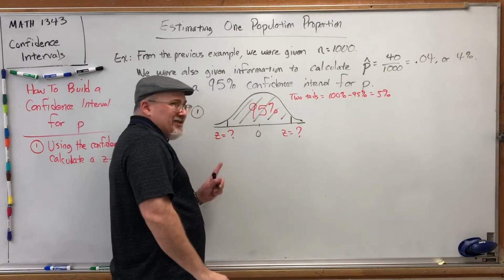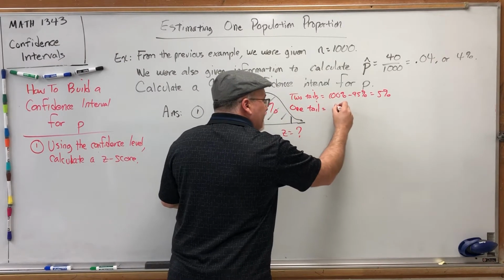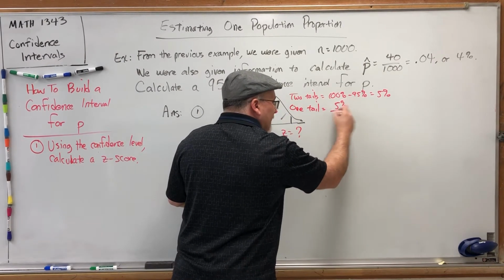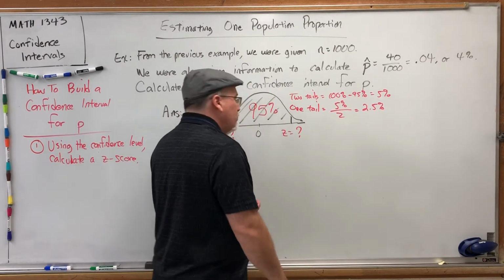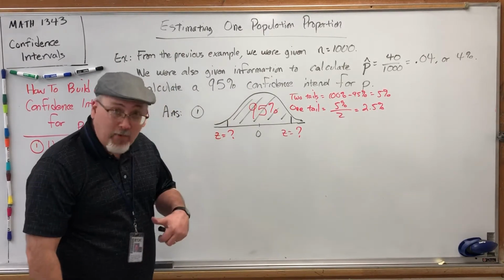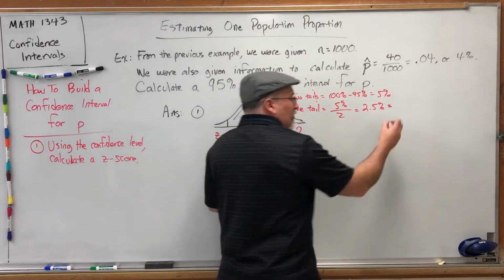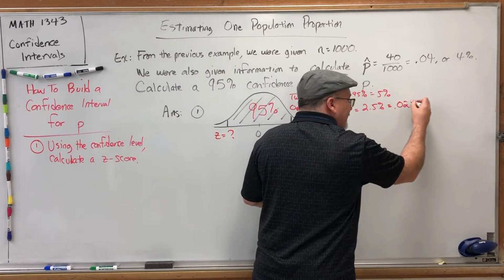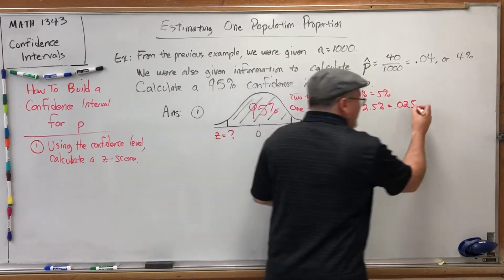But because of the symmetry of the picture, one tail is half of 5%, so 5% over 2, which is 2.5%. And since we're going to be using the z-chart backwards because we have an area and we want a z, we need to think of this as a 4-digit decimal. As a decimal, it would be 0.025, but because the areas in the middle of the z-chart have 4 digits, we're going to stick a 0 on there.